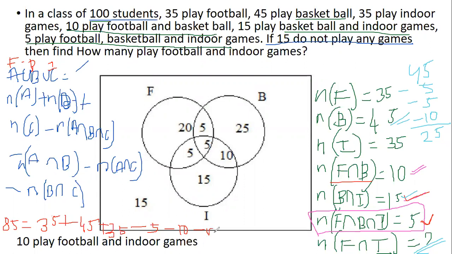So N of F intersection I, minus N of B intersection I, which is 15.